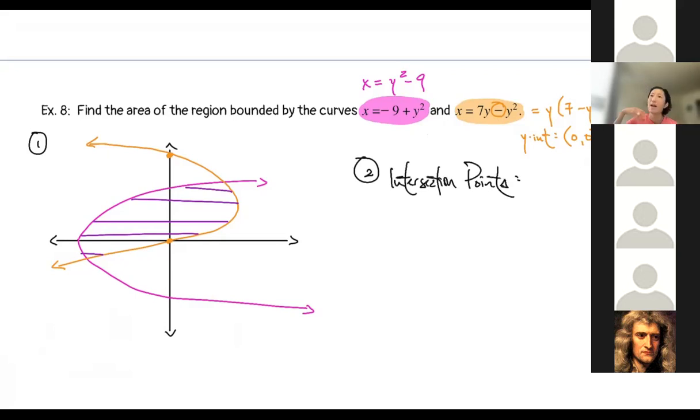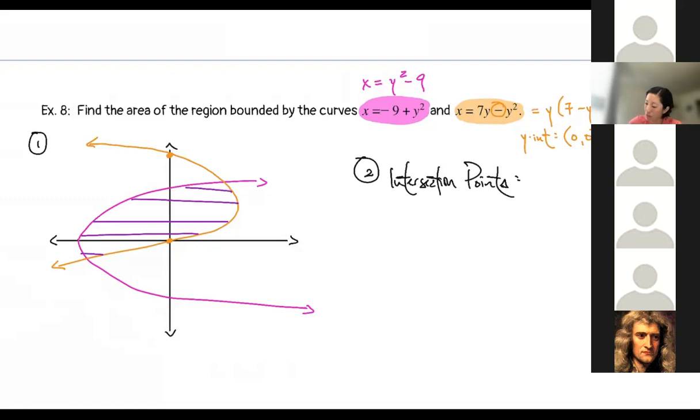Even though this is with y's, I argue we can use the same idea. How can we set this up to find the intersection point? What is the setup so that we can find where these graphs cross?